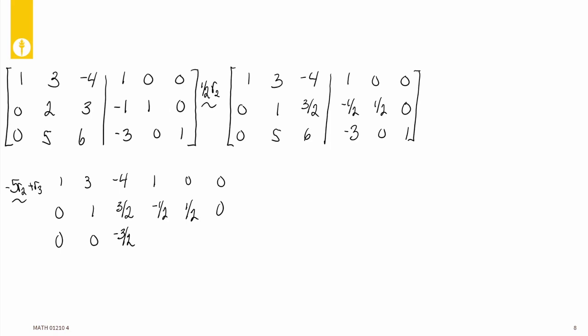One half. -11 halves? Wait. So 5 halves minus 3. -1/2. Arithmetic is hard. I hate arithmetic. -1/2. Then it's what? Oh, this one's nice. -5 halves. And then 1.